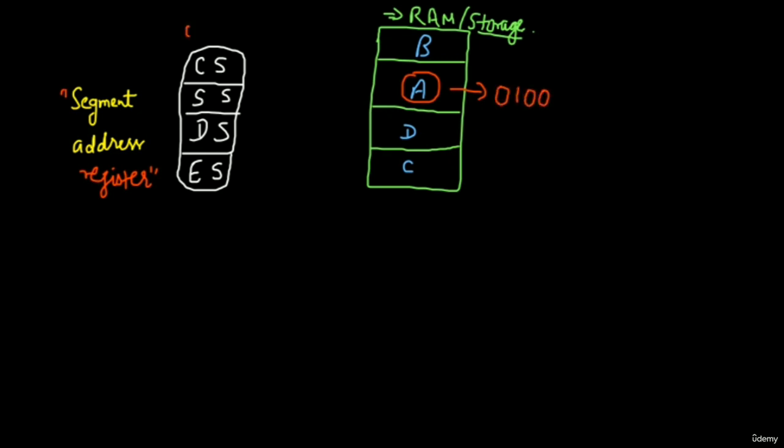So it knows that it can have the A from this source. It goes all the way to the memory and searches: do you have this? Yes, I got it here. Then it gets fetched and comes to the segment register. So segment address register, or you can simply say segment register.